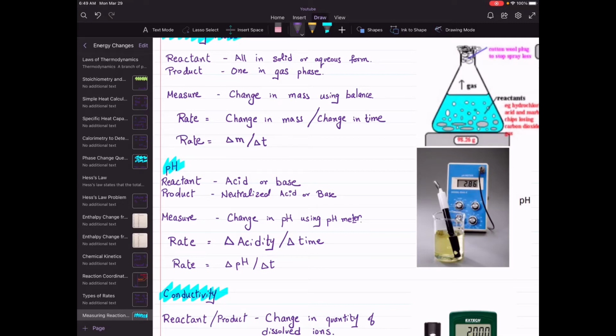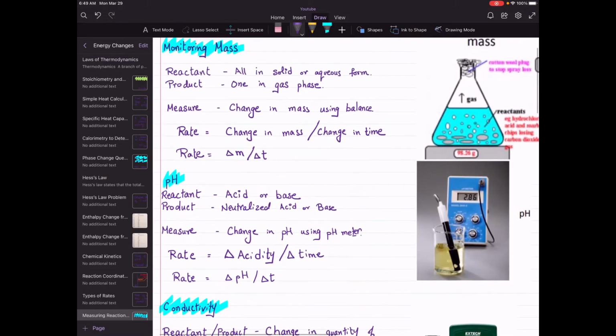Okay? So if that is the case, then you can use a pH probe or pH meter to check the change in pH of the solution over time. Rate is going to be equal to the change in acidity over change in time, or the change in pH value over change in time, and that will tell us how fast the reaction was taking place.